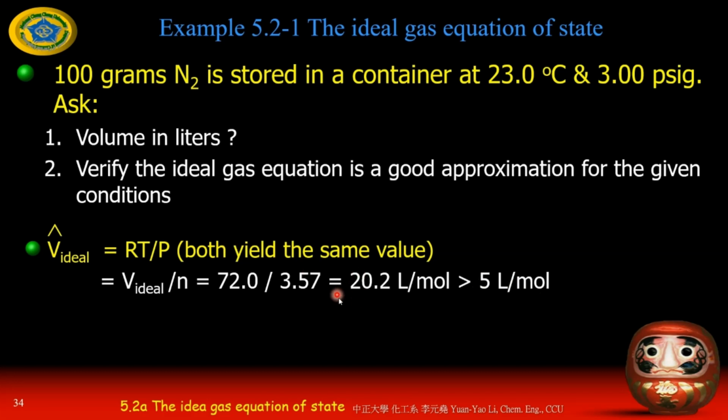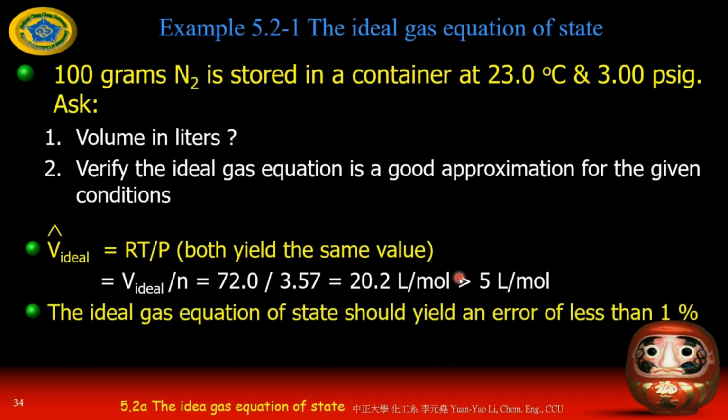So we know that in this condition, the nitrogen molecules can be regarded as ideal gases. So the ideal gas equation of state would yield an error of less than 1%. Okay? Normally.